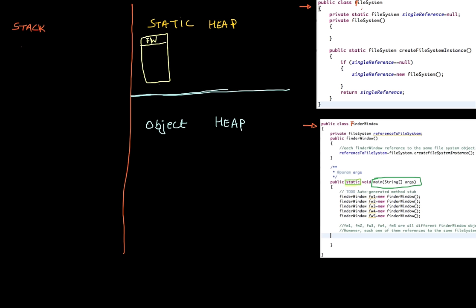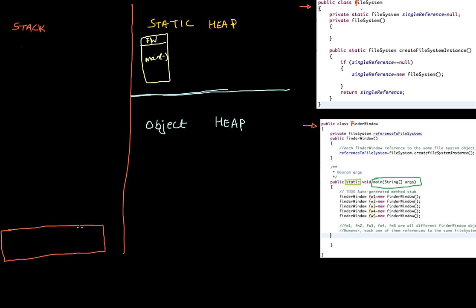Okay, so let's go on and get this static main function present. This is my main function, which happens to be the static member inside the FinderWindow class. And the very first step, as the main function executes, is we're going to create a stack frame, which indicates that the function currently executing is the main function.